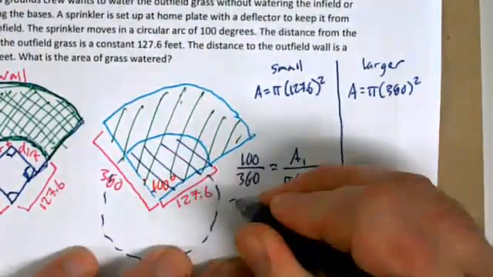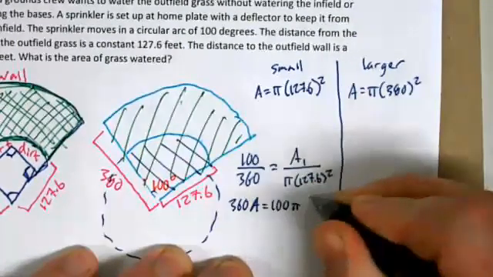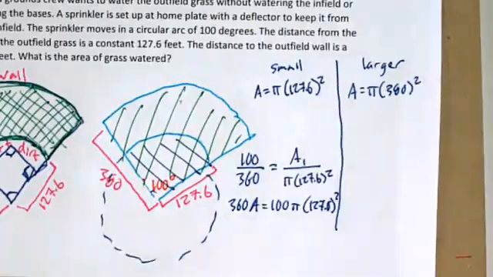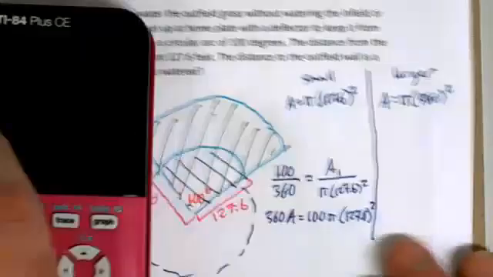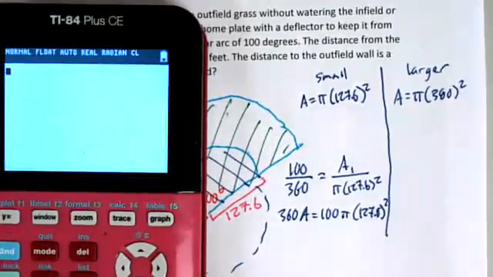So I got 360A equals 100 pi times 127.6 squared. And here's where I'd reach for my calculator. Type in 100 pi times 127.6 squared divided by 360.